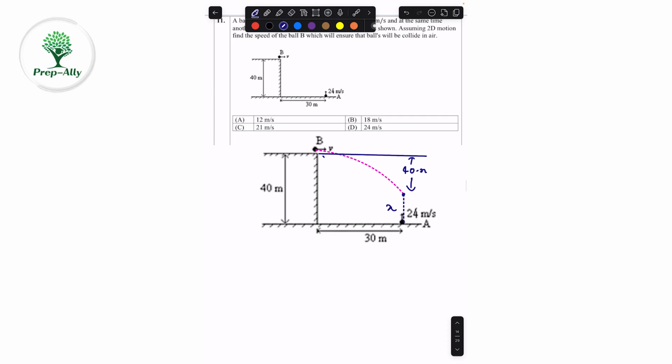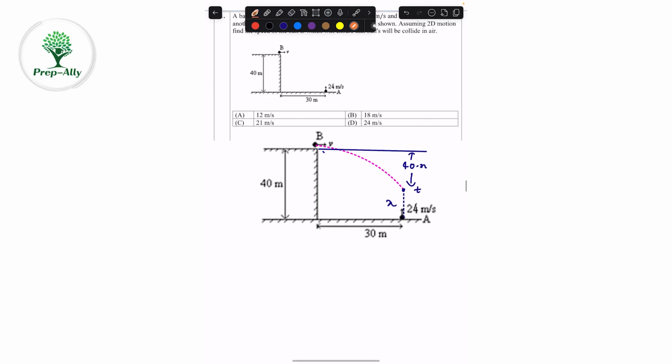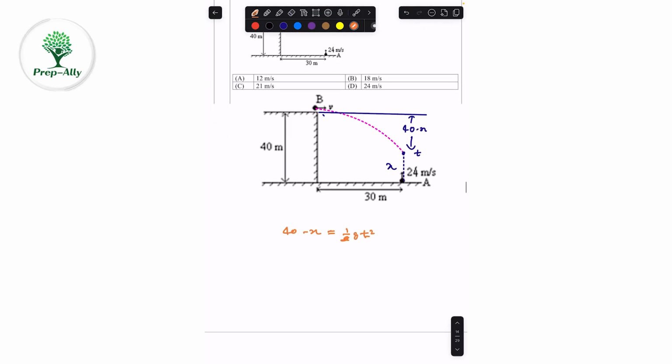That means, they are colliding at time t. So in t time, A has to go x meter upward, and B has to come 40 minus x meters downward. So I'll say 40 minus x is equal to, for B, downward velocity is 0, so we'll just write half of g t square, and for A, x is equal to 24t minus half g t square.